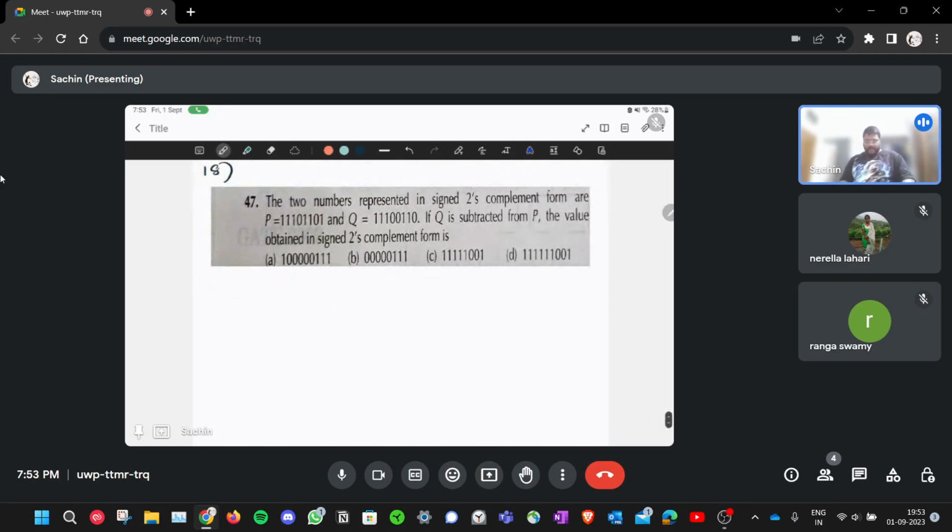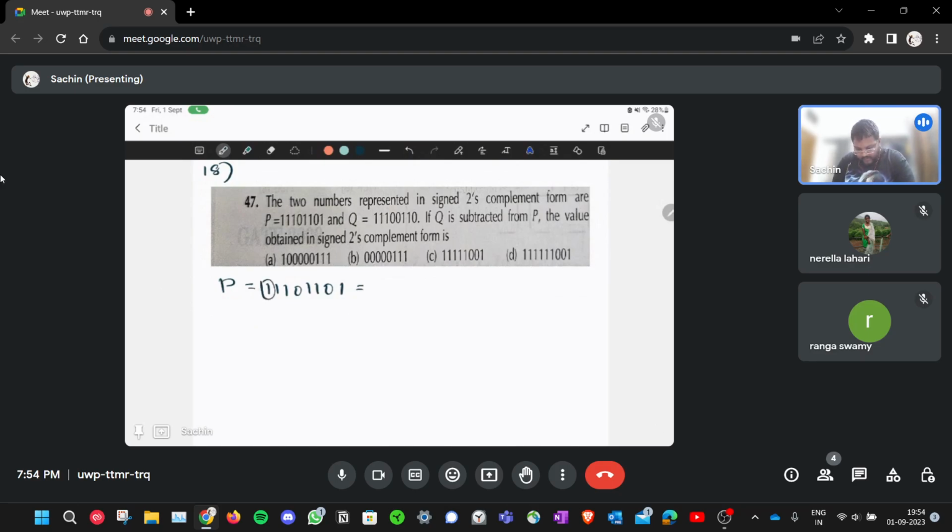Two numbers represented in signed 2's complement form are p is 1110 1101 and q is 1110 0110. If q is subtracted from p, the value obtained in signed 2's complement form is. So in 2's complement form, p is a negative number because the most significant bit is 1.